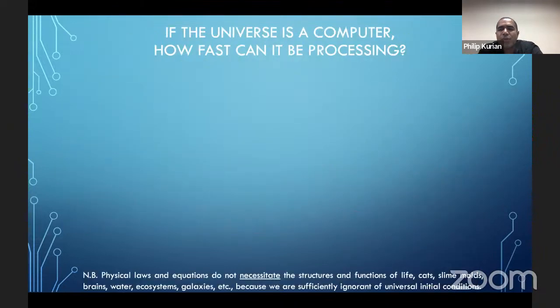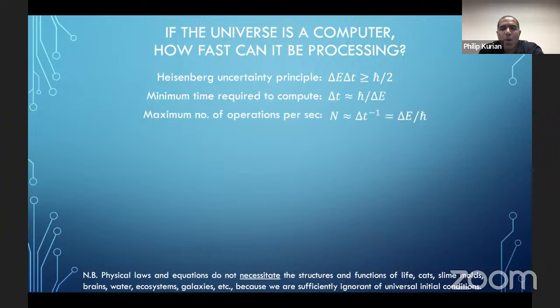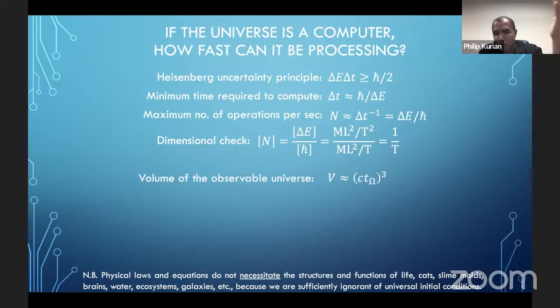I won't go through this in detail, but I refer you to Seth Lloyd and Paul Davies' work. From merely the Heisenberg uncertainty principle, we can derive the maximum number of operations per second of observable matter in the universe. For those trainees out there, I encourage you to do dimensional checks, which provide a nice reference point that you're doing your work correctly.